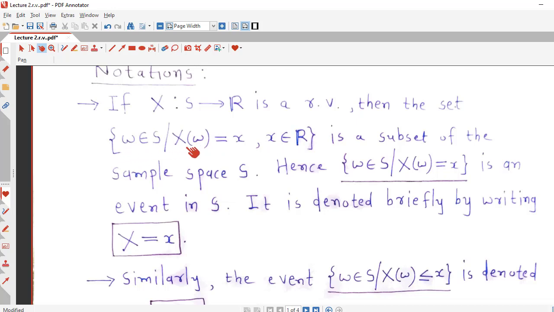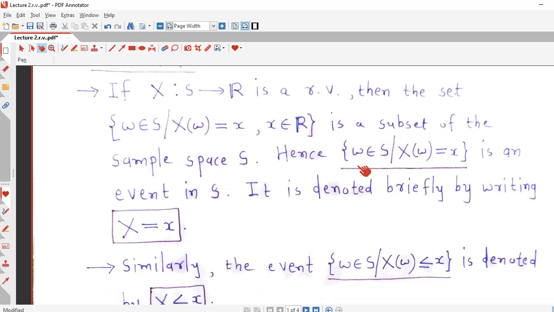This set is a subset of the sample space capital S, because we are collecting those outcomes in the sample space whose image is small x. And we know that any subset of a sample space is known as an event. So this set is an event in S.